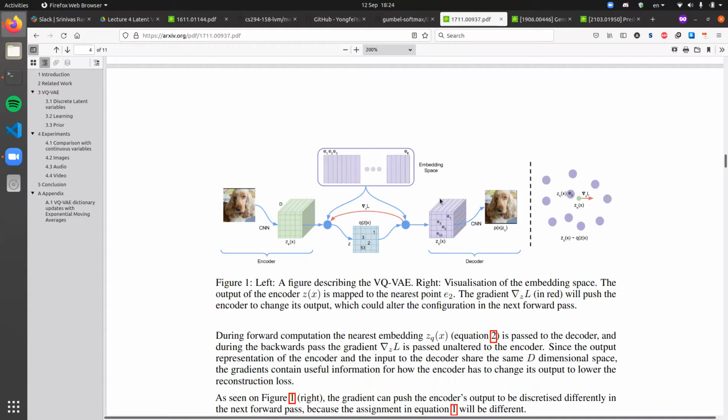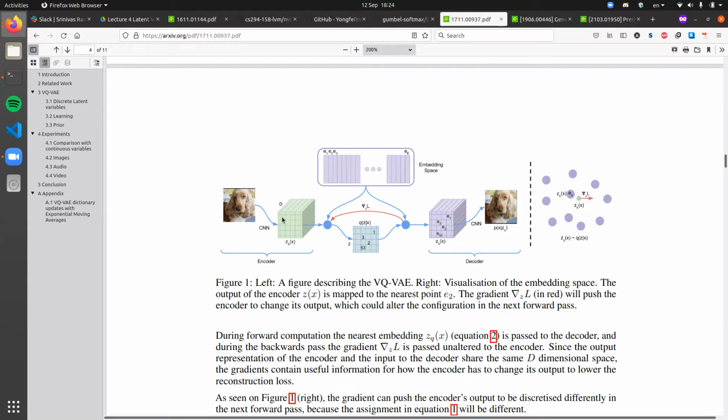So, why does it work? Because we take this encoder output as the closest embedding here. So these two vectors should be really similar, and essentially we copy over the gradient associated with the code which ended up in this position.